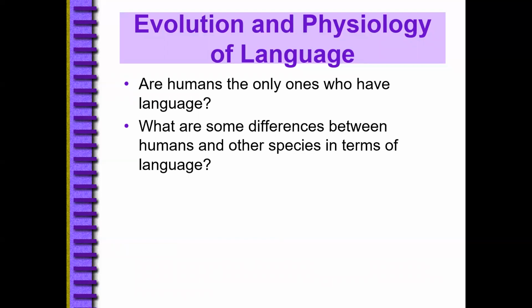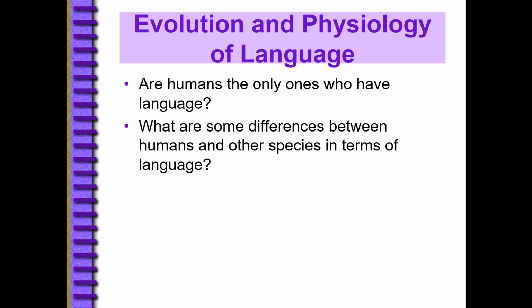They definitely communicate, but is that language? There's actually quite a bit of debate about whether their communication is considered to be language or not. Some people think yes, it is language. Some people think no, it's not. Some people are kind of like, nah, I don't know. But yeah, it's really hard. And again, going back to our definition of language and the features of language, it's kind of hard to say.